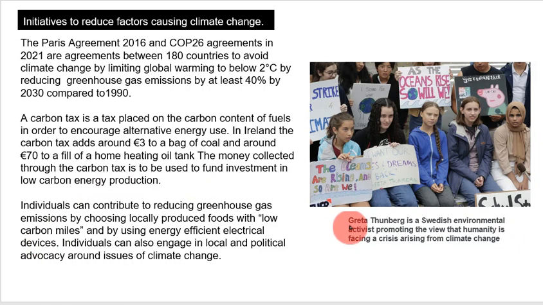So we can see here Greta in Sweden, an environmental activist, promoting the view that humanity is facing a crisis arising from global climate change. So again, these are things that we can all do. We all have to live on this planet, so we have to look after it and protect what we have and protect the environment.